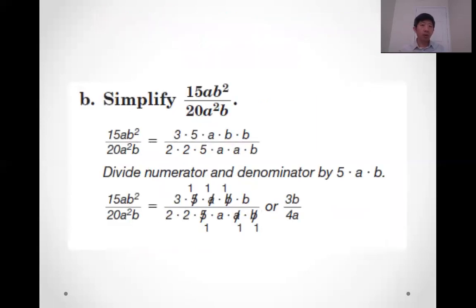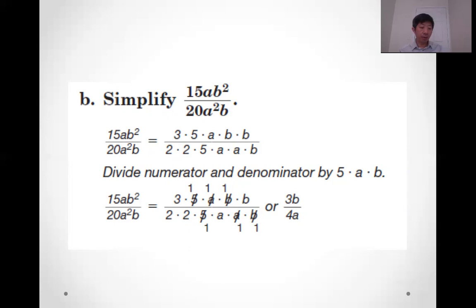Now what about simplifying 15ab squared over 20a squared b? So here we can find the factors. 15 is equal to 3 times 5, and then 20 we can break down as 2 times 2 times 5, and then times a, and times b, all right?